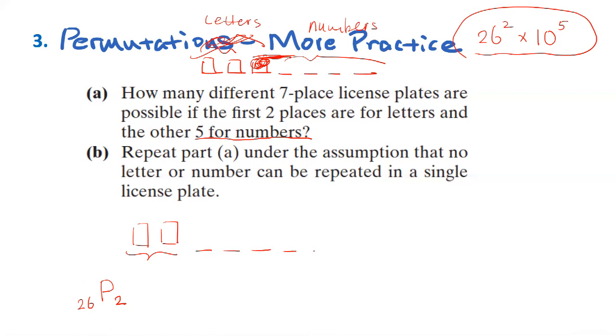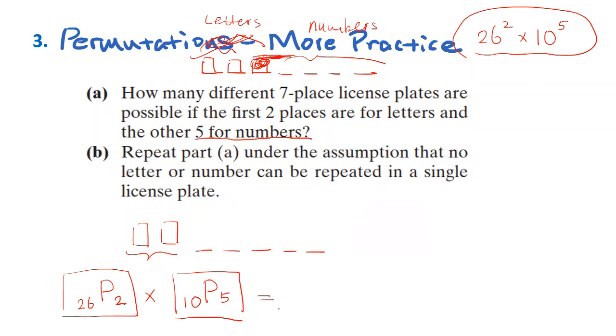So how about the numbers? Again, this time we cannot have repeated numbers. So that means we must choose 5 out of 10 different numbers without replacement. This is the number for the second step. According to the rule of product, if we multiply these numbers, we get the total number of ways to do this task.